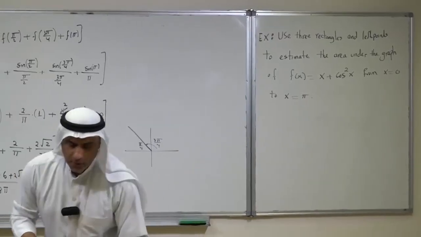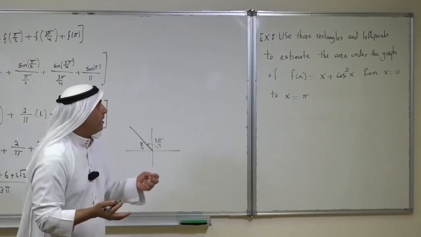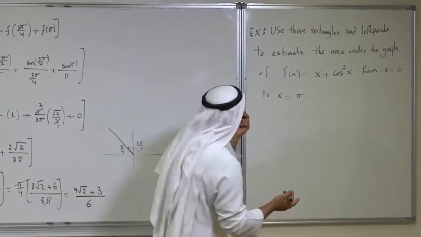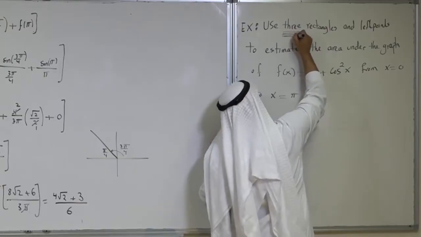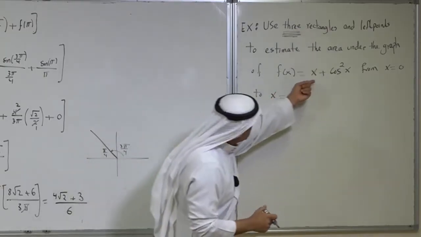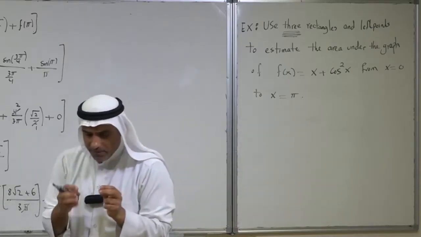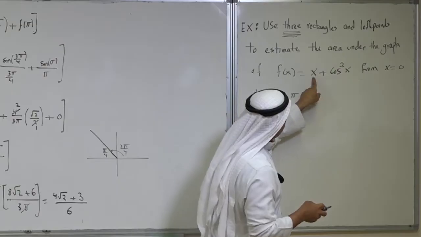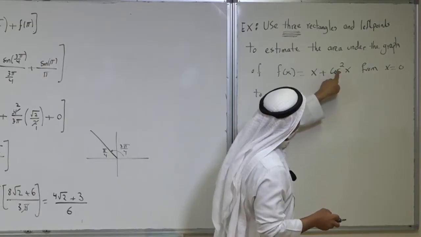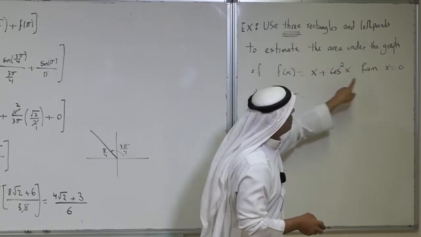Interesting. So we are using the left point as a point of approximation. The number of rectangles is specified. He said 3 rectangles, so this is our n in the formula. And we are given a function that is non-negative over this period. Maybe someone asked, why do we have a square here, x plus cosine squared x? This square will ensure that this function is non-negative between 0 and pi.